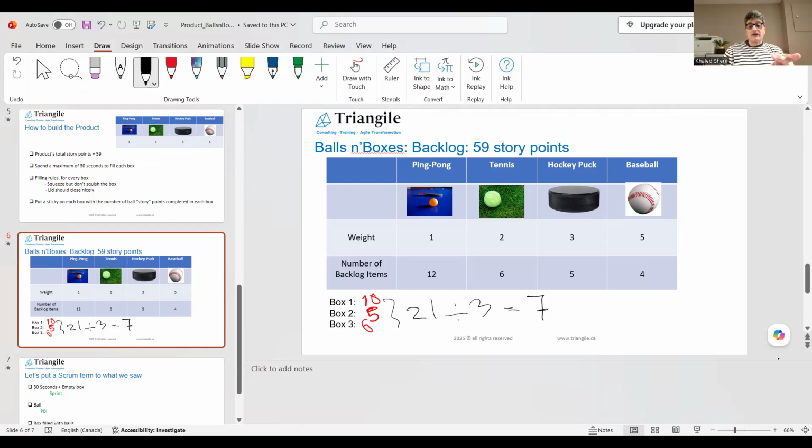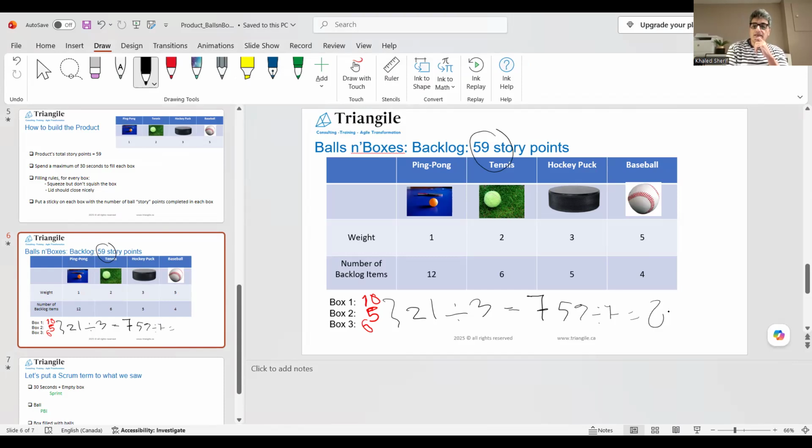So at an average, I can say, okay, my average capacity for a box is 7, based on actual fitting of the previous ones. And we know that we have 59 of them. So now I just divide 59 by 7.